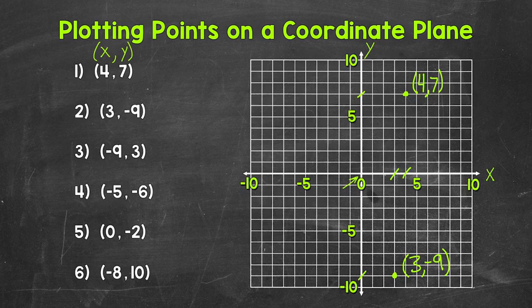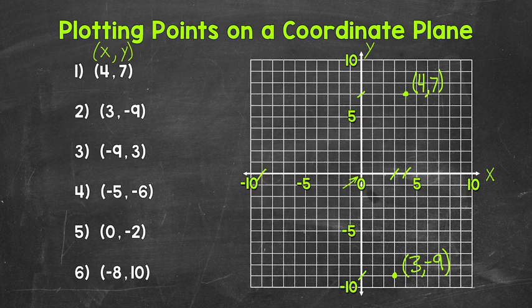Let's move on to number 3, where the x-coordinate is -9 and the y-coordinate is 3. So this is different than number 2. Order matters. Although we have a -9 and a 3, just like number 2, they are not going to be in the same place. So let's start with the x-coordinate, which is -9. -9 is right here on the x-axis.